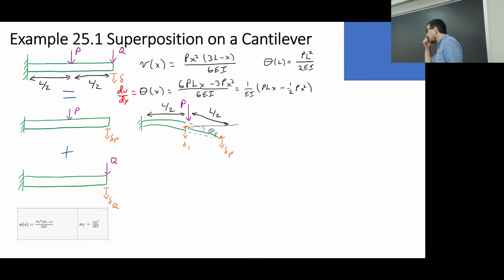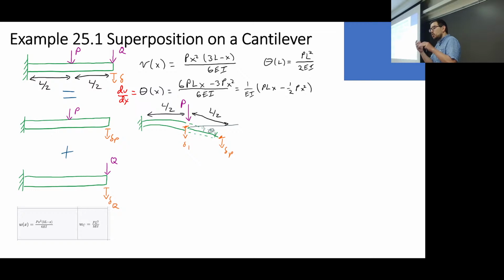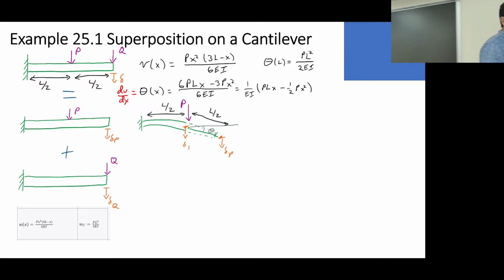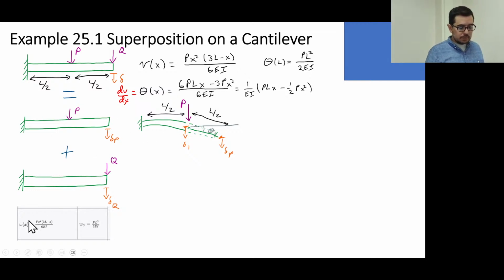The way to figure out the slope, from a table like we have here where they don't give us the slope, is to take the derivative of v with respect to x. Remember that theta is equal to dv/dx. And what is v? v is given here. That's the w, so this is the v.